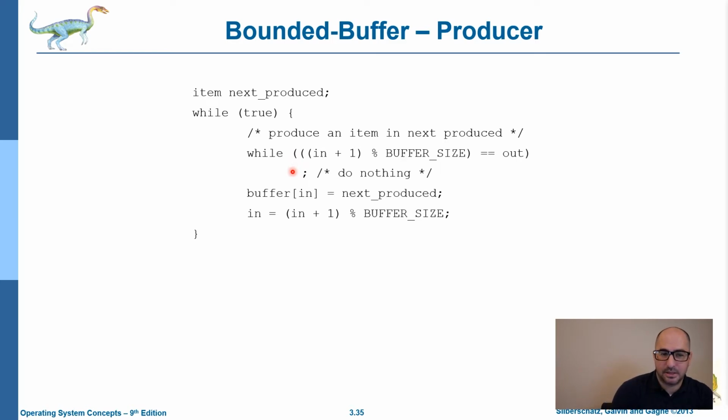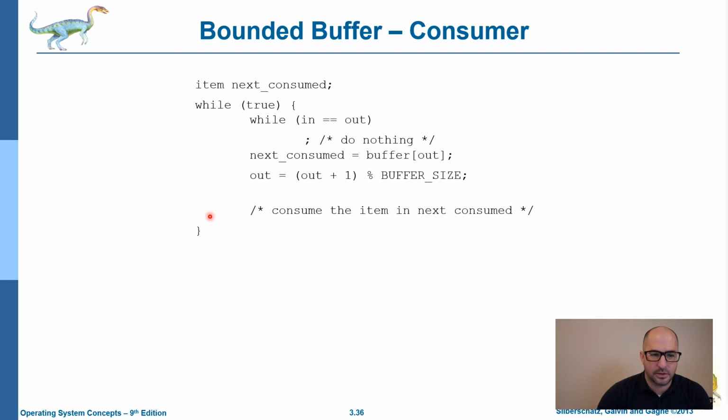When there is space in the buffer, it will produce the next item and increment the next available item. So if we just produced one item, in would increment to 1, and there would be an item in position 0.